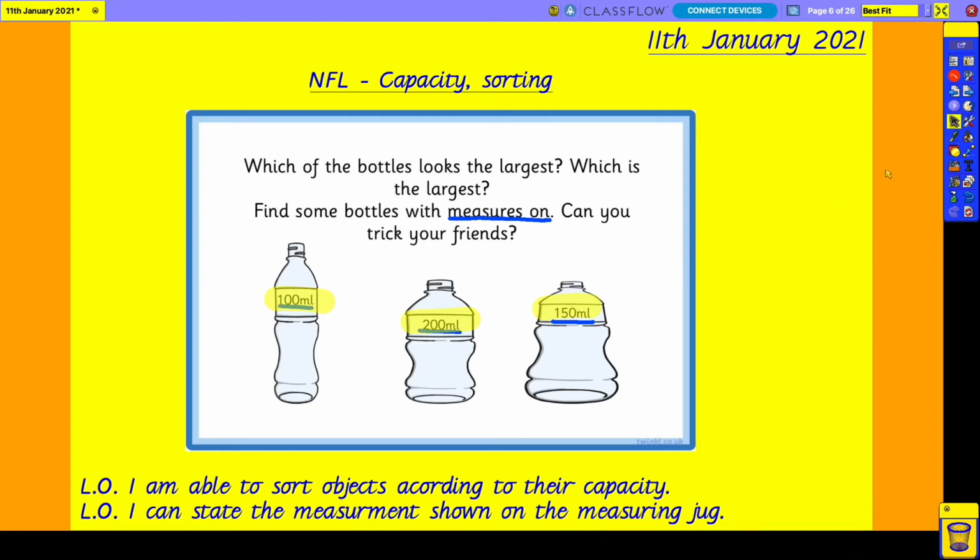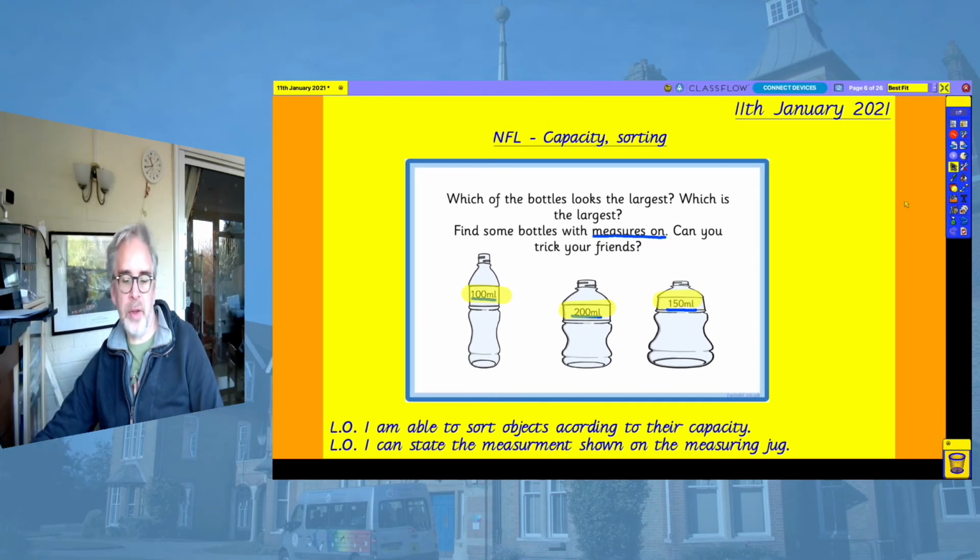Millilitres is a measurement of sort of capacity. It tells you how much liquid these objects can actually hold. Okay, and if you go with that one there, you will be able to tell, hopefully, by looking at which one is actually the largest number, which one has the largest capacity.